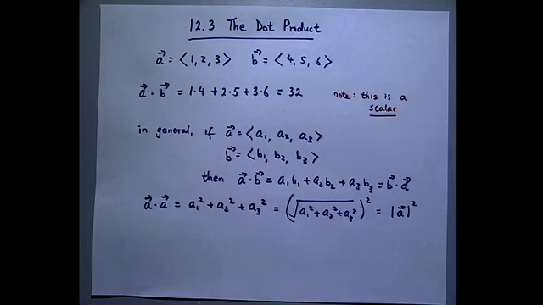Let's say you got two vectors. So here's A, here's B. And the angle between them, we'll call that theta.